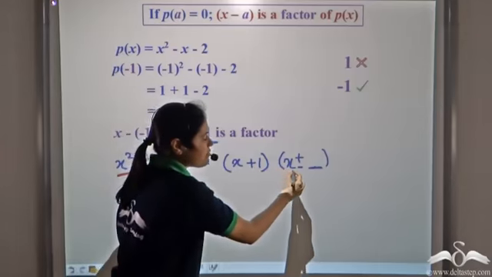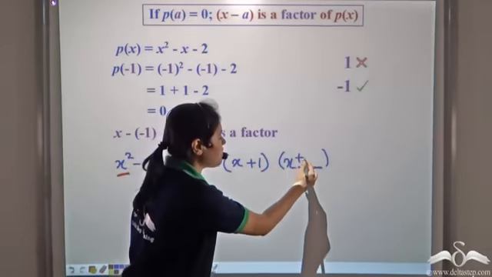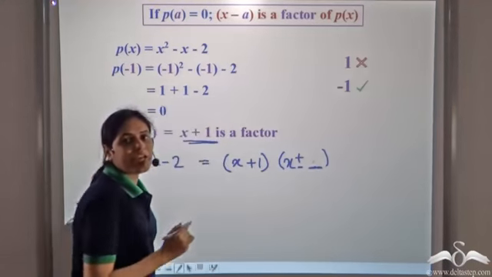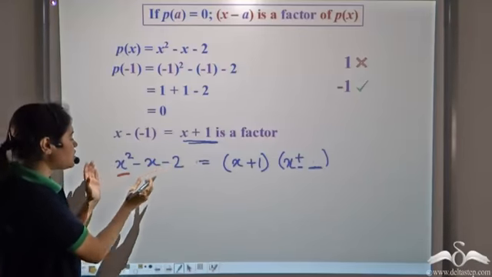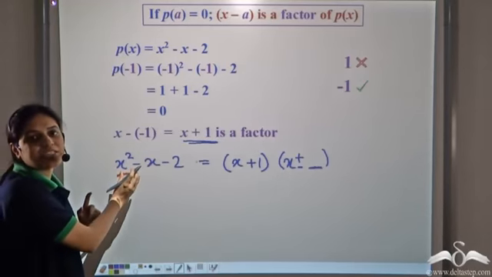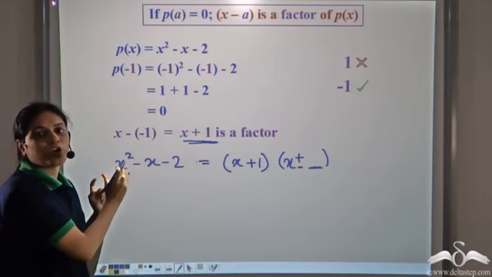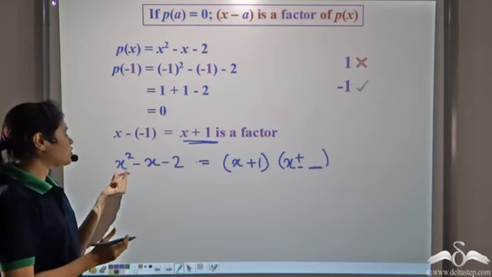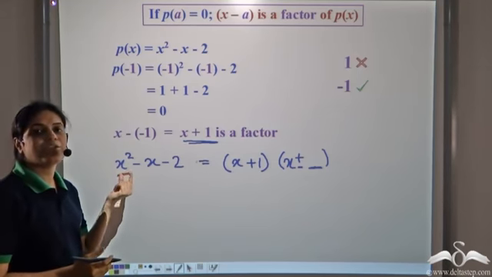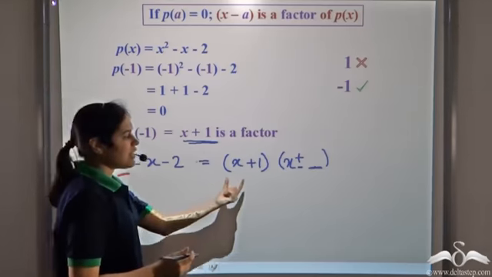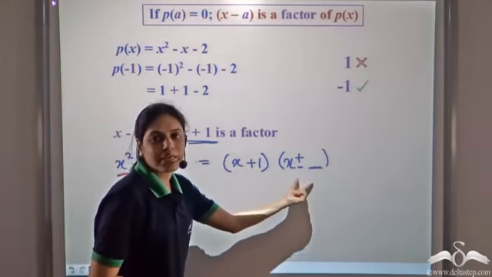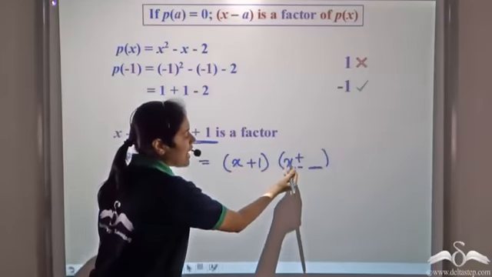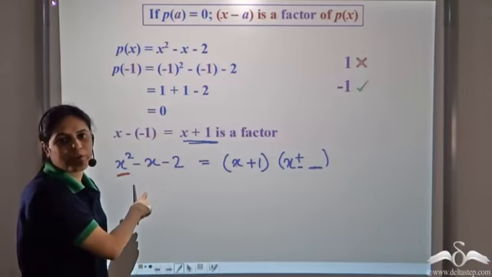In general, whenever we have a quadratic polynomial with the coefficient of x square equal to 1, we have two factors of the form x plus or minus something, so that this x and this x give us x square.